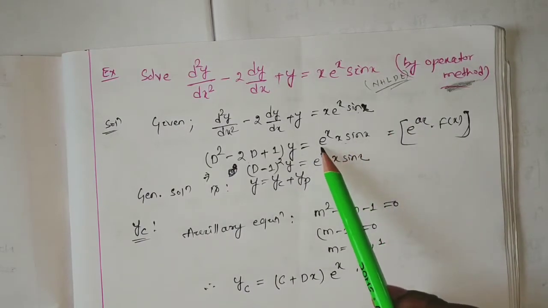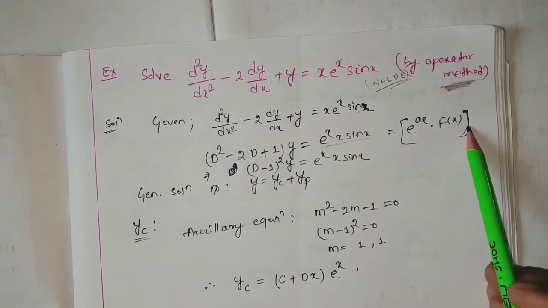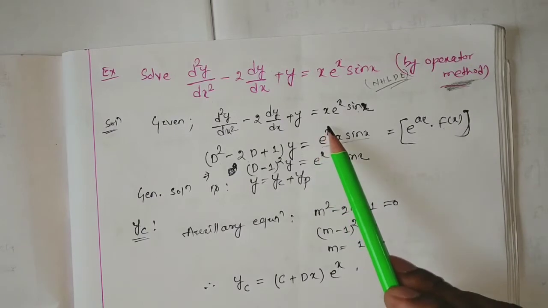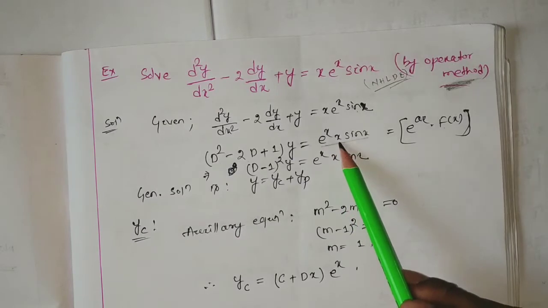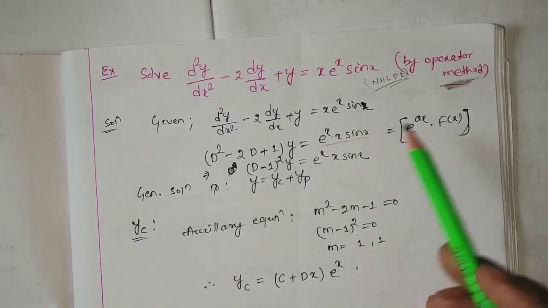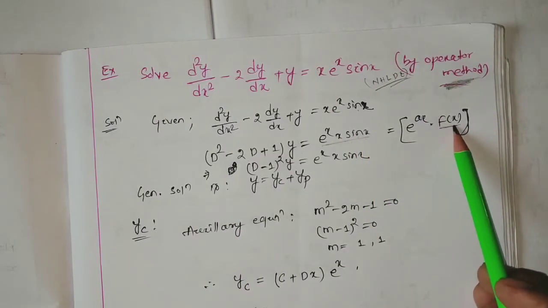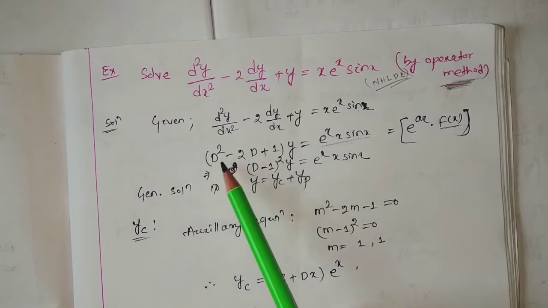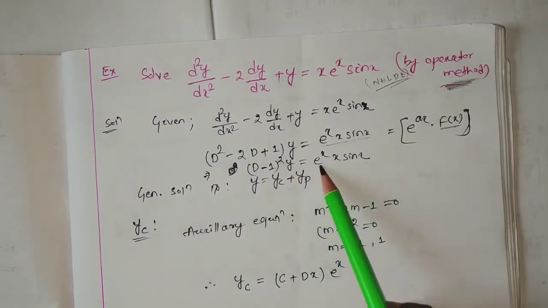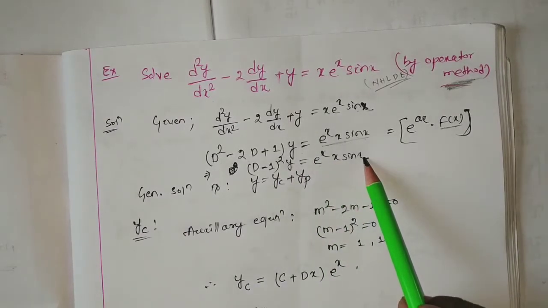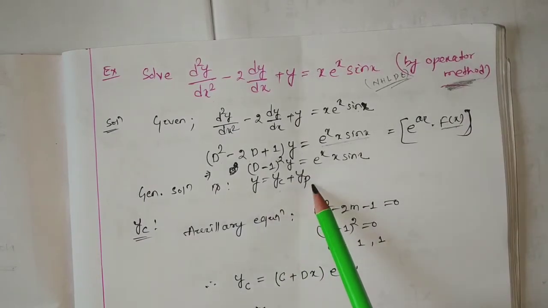Here you can see the right hand side is in the form of e^(ax) times f(x), where a is 1, and x sin x is the function of x, f(x). D² minus 2D plus 1 can be written as (D minus 1)² y equals eˣ x sin x. So the general solution is the complementary function plus the particular integral.